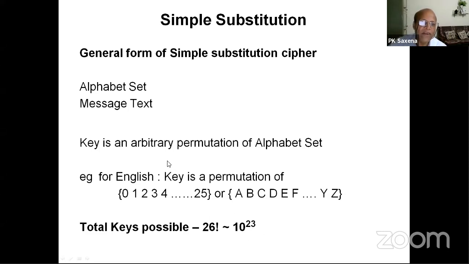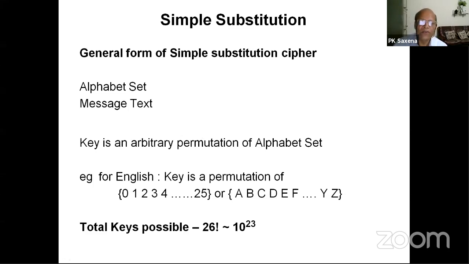But since alphabets have a set pattern of occurrence of letters, this simple substitution can be broken simply by studying the frequency of the alphabets, because the transformed alphabets will have a similar frequency pattern to the plain alphabets, A to Z. So it is very easily broken, though it looks simple.